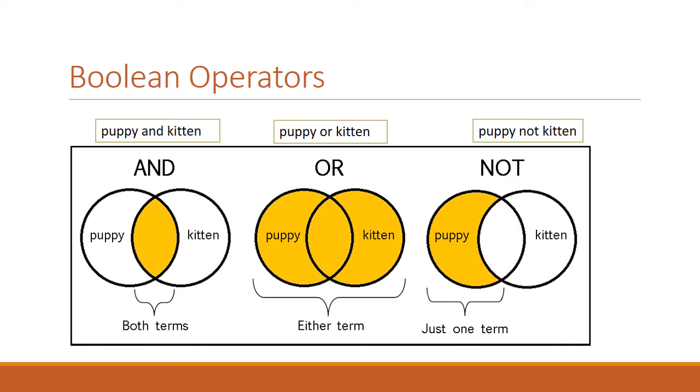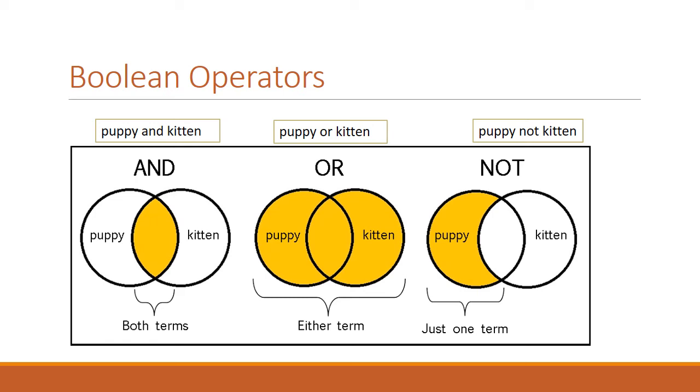Let's look at these examples to remind us how Boolean operators work. So if we take the AND operator, we have puppies and kittens. So we want the group that includes both puppies and kittens. Maybe we have a group of people that have a bunch of pets, and we want to get the list of people that own both puppies and kittens.